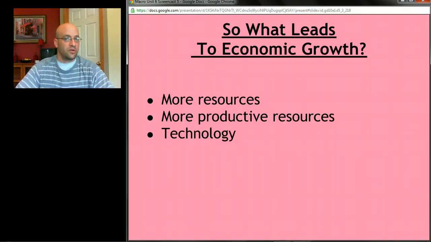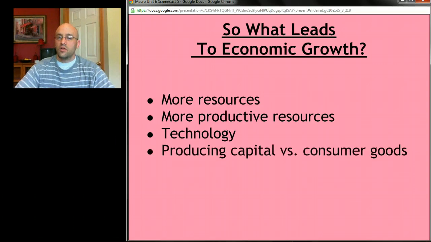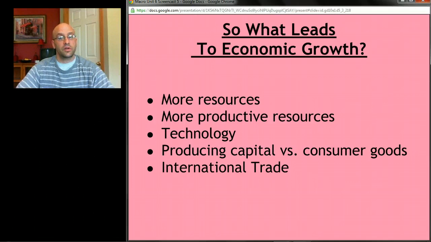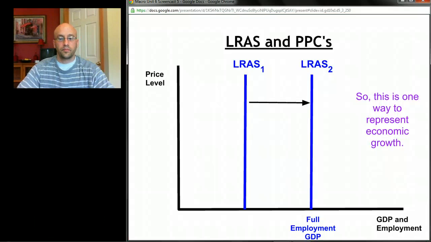The invention of the internet or the invention of nanorobots. You'll also remember that producing capital goods versus consumer goods, the ant versus the grasshopper story. Focusing on capital goods increased our productive capacity into the future. And what we're going to find out in the next unit is that international trade as well can push the production possibility curve out and to the right. These are all exactly the same things that push long-run aggregate supply to the right as well.